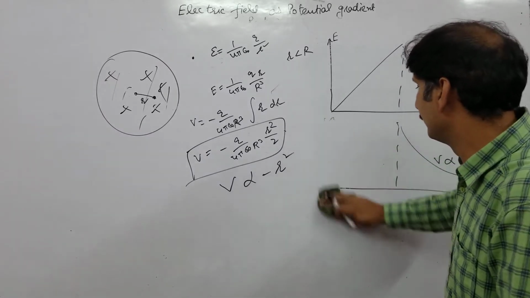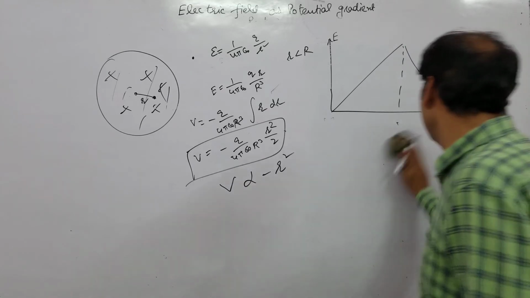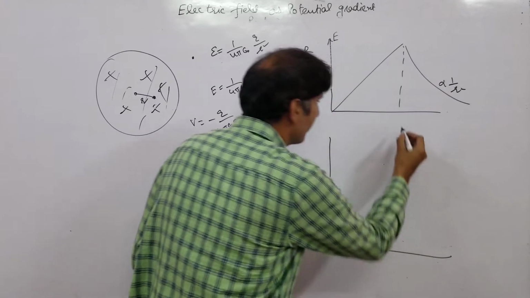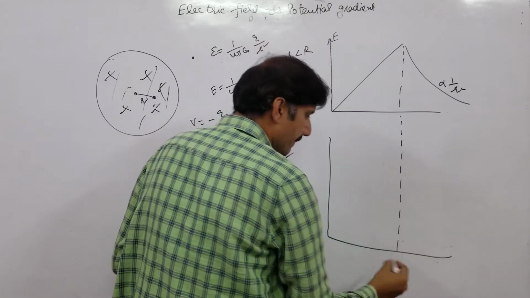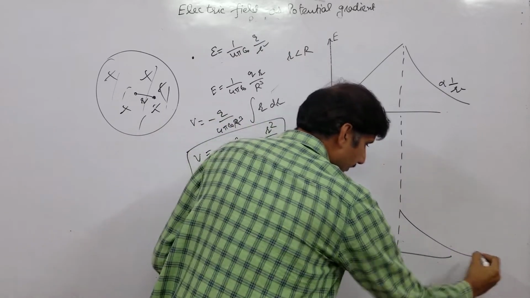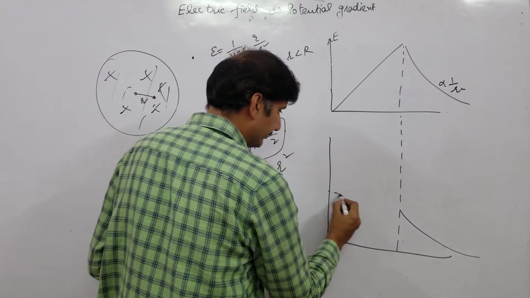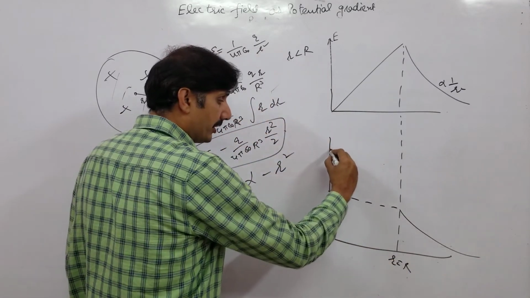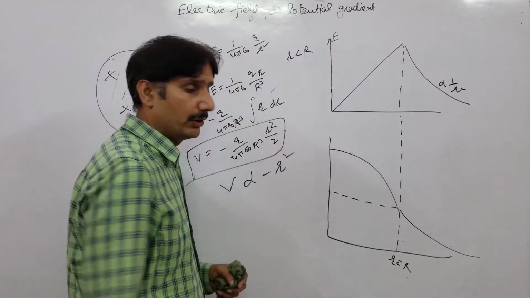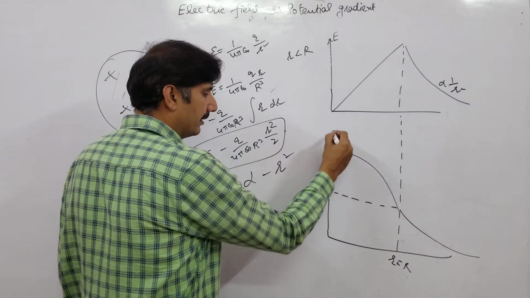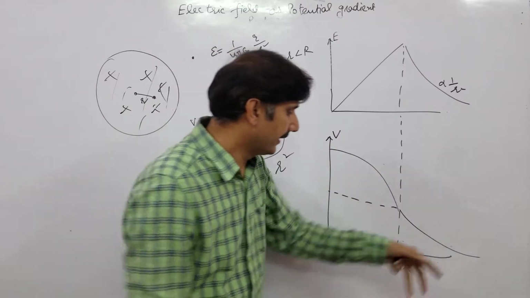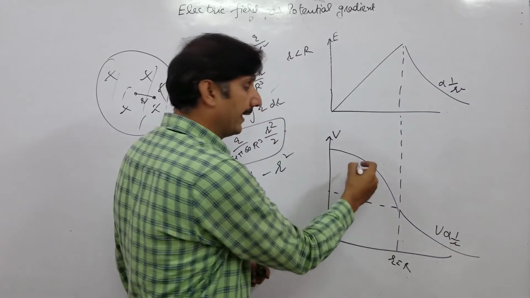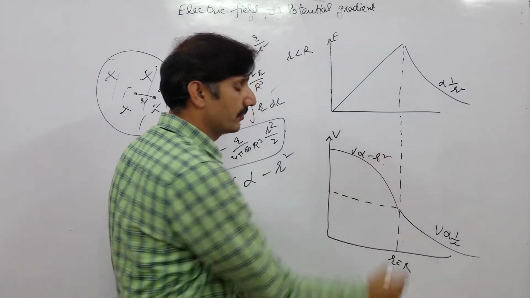I need a little more space, so I draw it again. This time, the potential inside is a downward parabola. So this is the final expression. Outside, potential is proportional to 1 by r. Inside, potential is proportional to minus r square by 2.